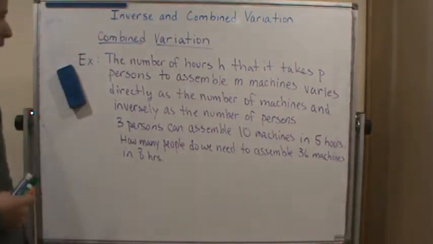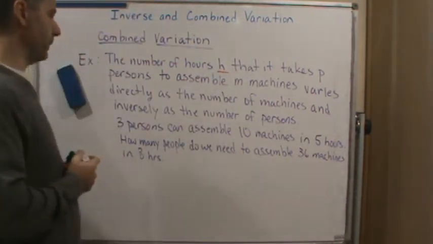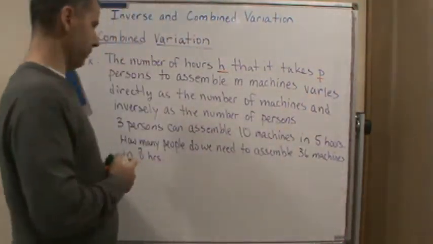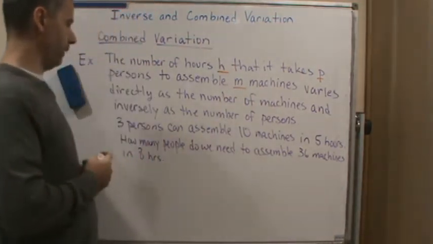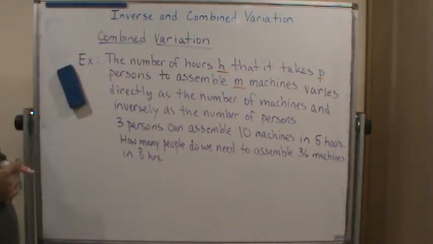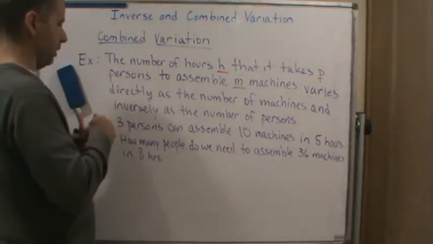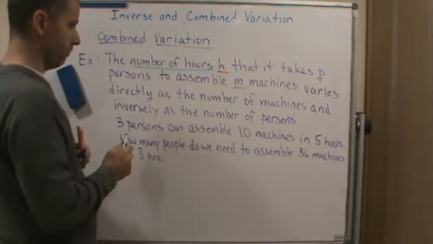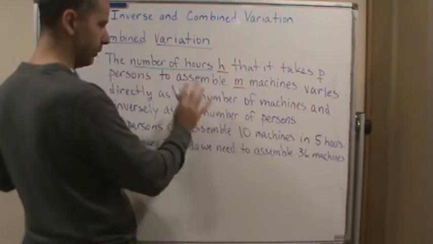Okay, so here's the setup. It says the number of hours H that it takes P persons to assemble M machines varies directly as the number of machines. So that's where you gotta read this carefully.